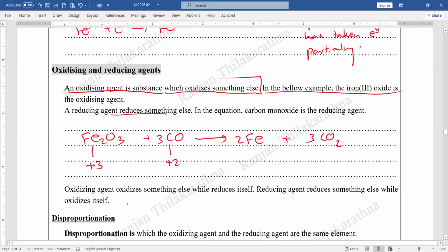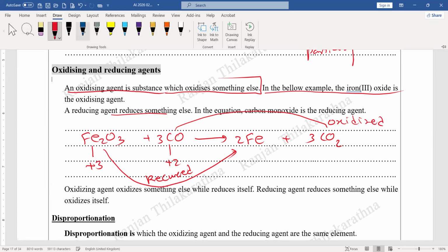So what happens? The 3 oxygens which were released from the Fe2O3 are taken by the carbon. Here, this has been reduced and this has been oxidized. Therefore, this carbon monoxide is the oxidizing agent.